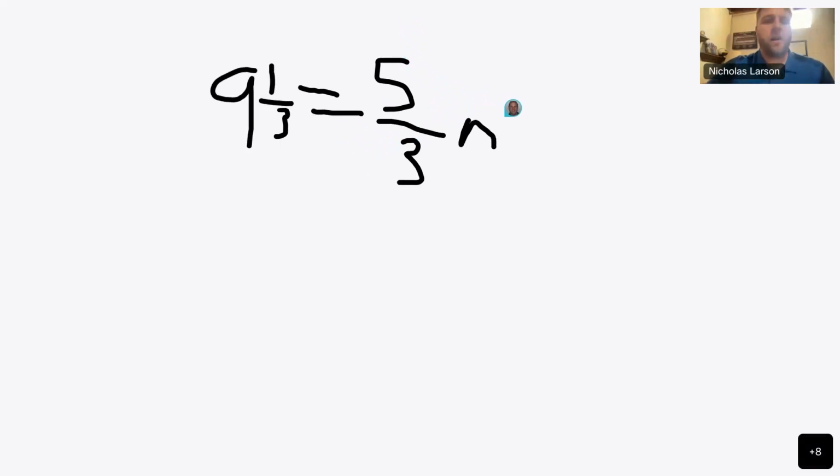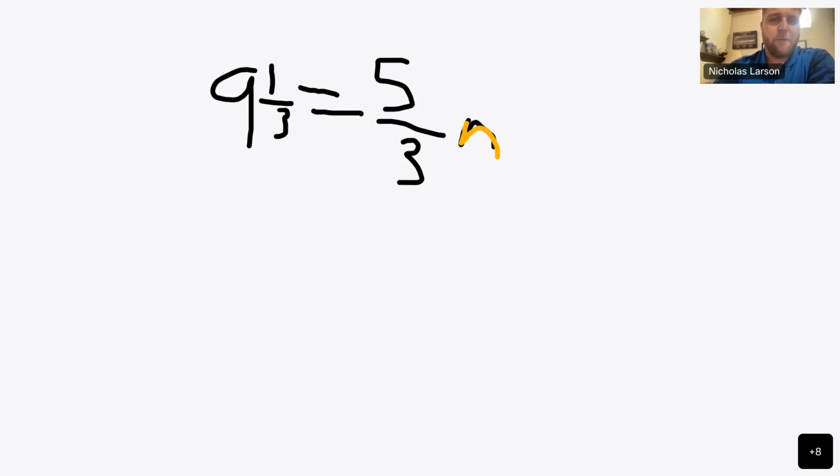In order to undo, so again, my goal is to get this n by itself. How do I get n by itself? Jacob, you got an idea? Don't you have to divide? We got to divide, and when we divide fractions, we do something crazy. It's called multiply by the reciprocal.